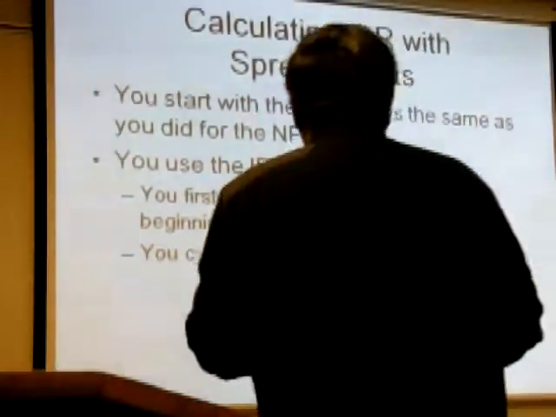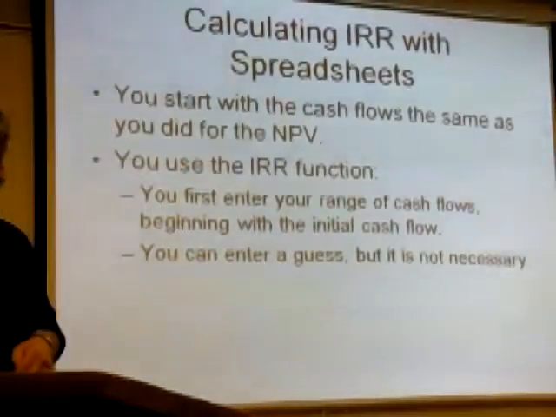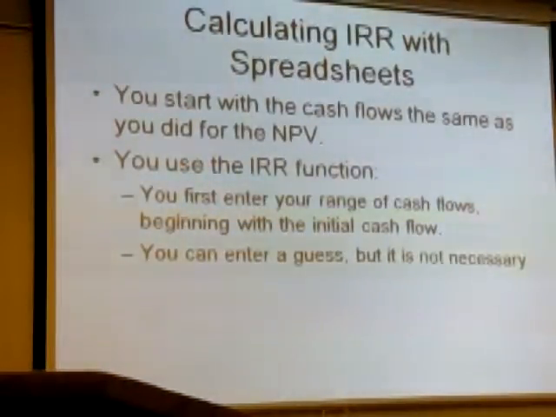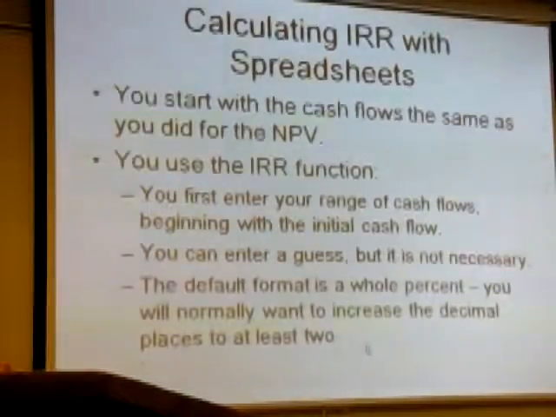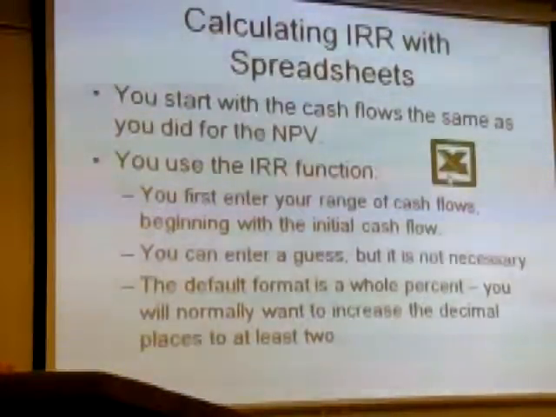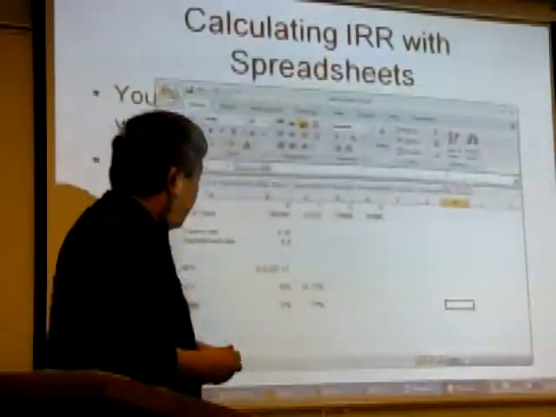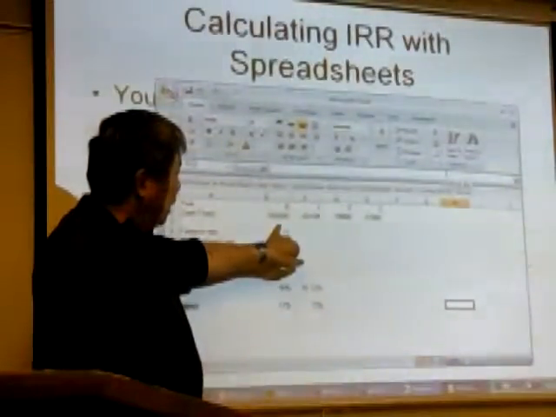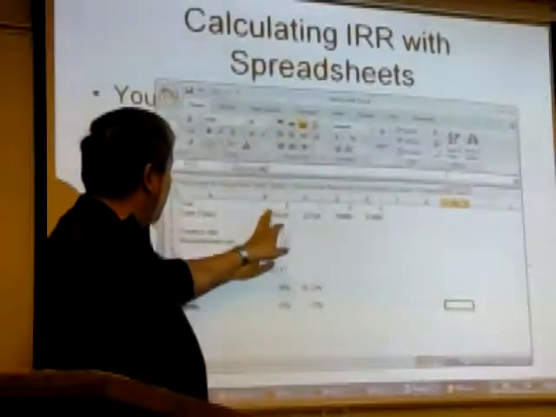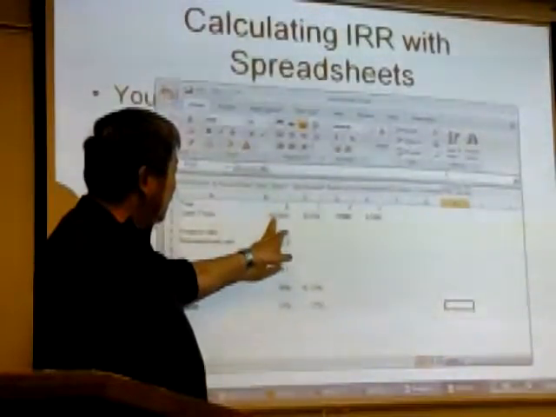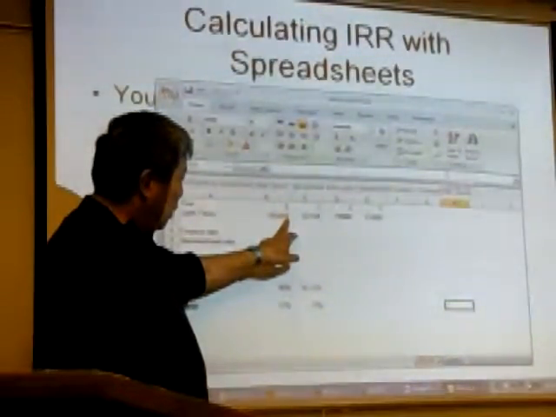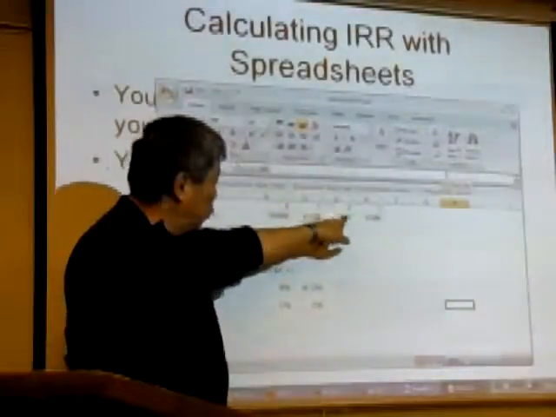Now let's do this with a spreadsheet. As I said, the IRR can also be used in spreadsheets. Straightforward. Here is a spreadsheet. I'm using different numbers. Initial cash flow is negative 165,000, and then the cash flows are these three.